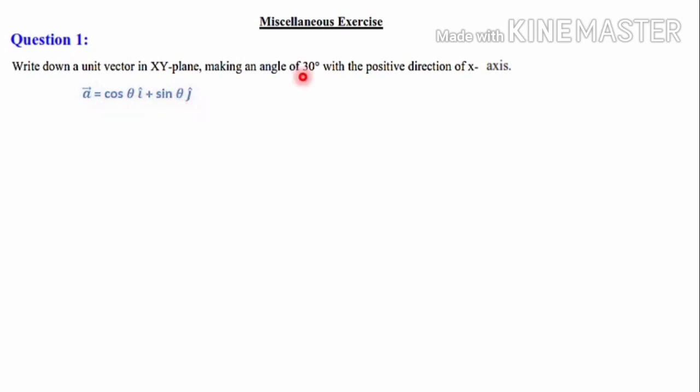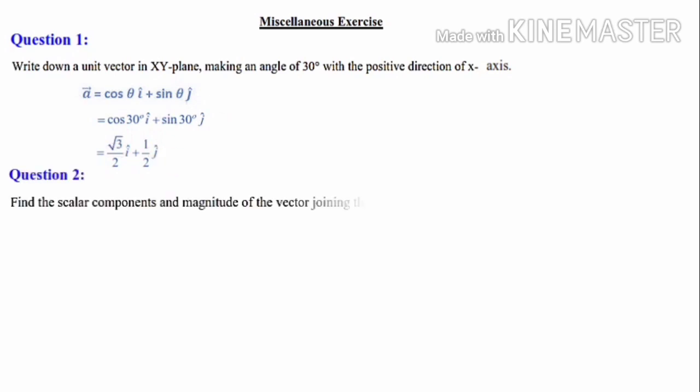Here theta is given to us, 30 degrees. So that is equal to cos 30 degrees into i cap plus sine 30 degrees into j cap. Just replace theta and substitute the value, that's all. Cos 30 we know is root 3 by 2 into i cap plus sine 30 degrees, 1 by 2 into j cap.